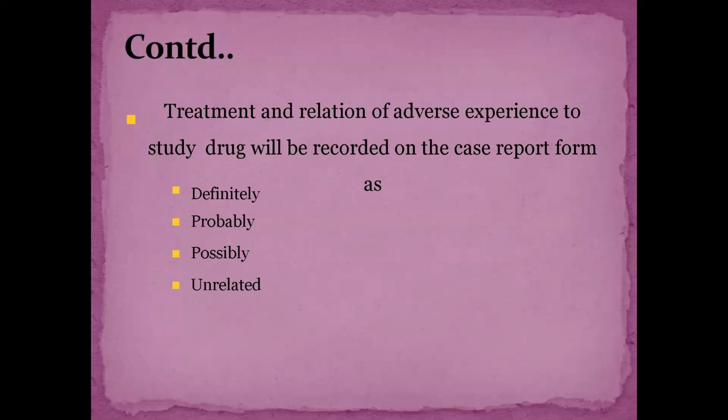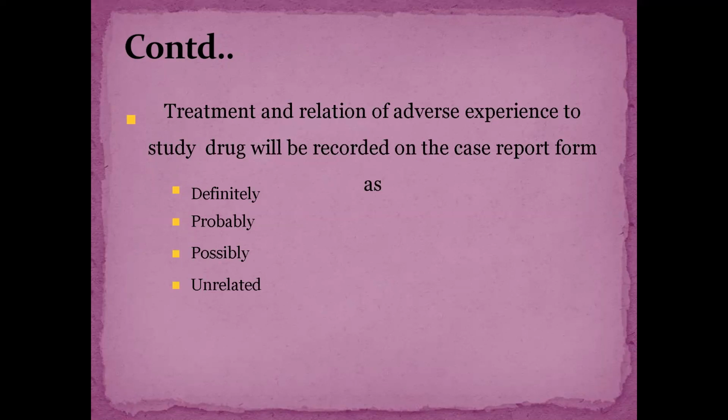And also the adverse drug reactions will be recorded on the case form, and we do the causality. This is what we call the causality. It talks about a few things.